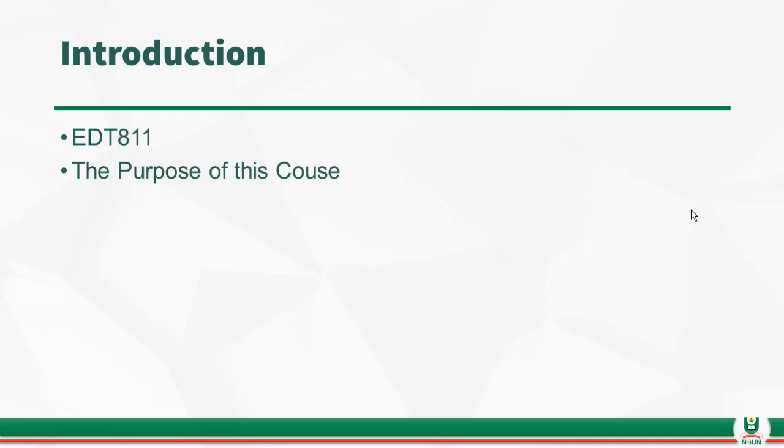Edt811 is the course code, and theories of communication and philosophical basis of instructional media is the course title. The course is compulsory, and it's a 2 credit course for postgraduate students in educational technology.